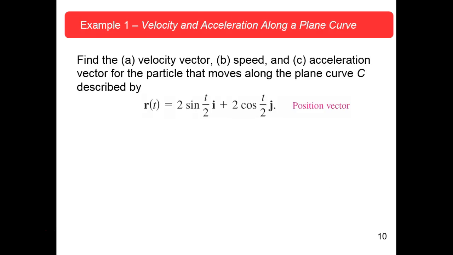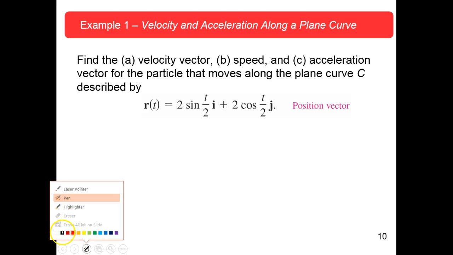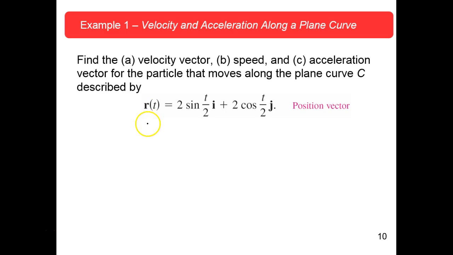Okay, let's do example 1. Here's your vector r. Find the velocity vector. What would that be? The velocity vector, v of t, is the same as the first derivative of your displacement vector.